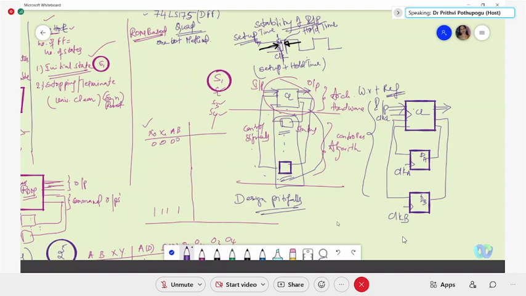If clock A is faster than clock B, meaning that the clock A is happening earlier than clock B, or these will be some design signals that will be coming from some other sources. Clock generating sources will be different.